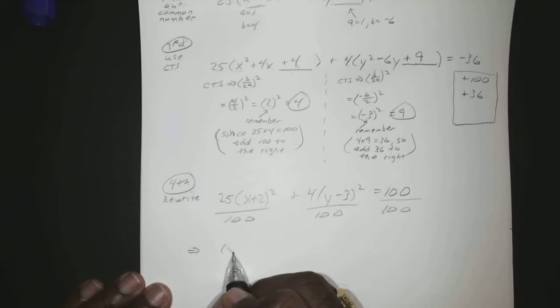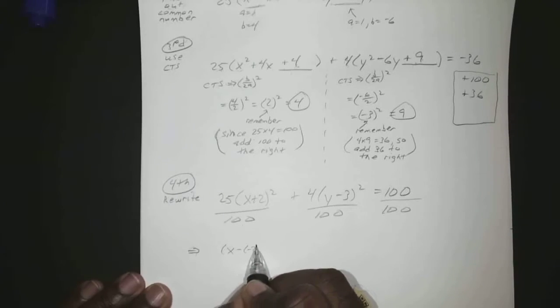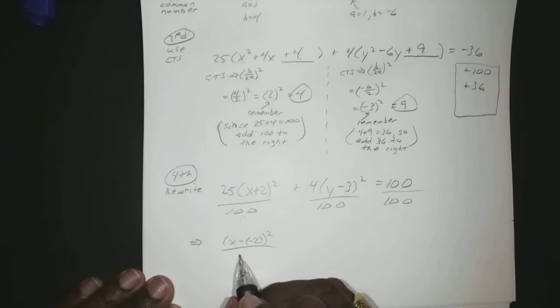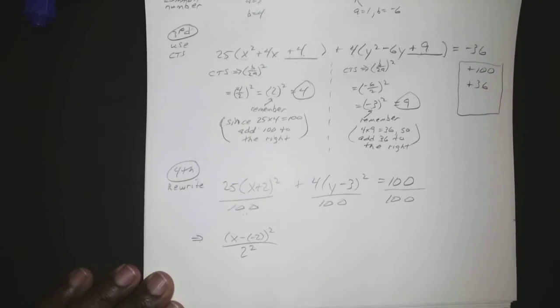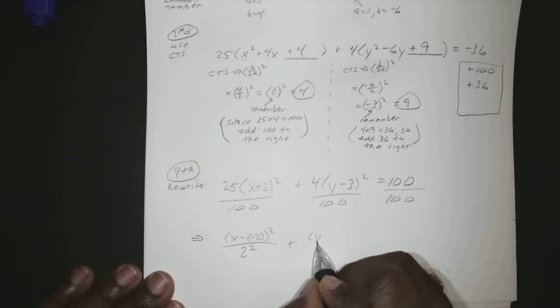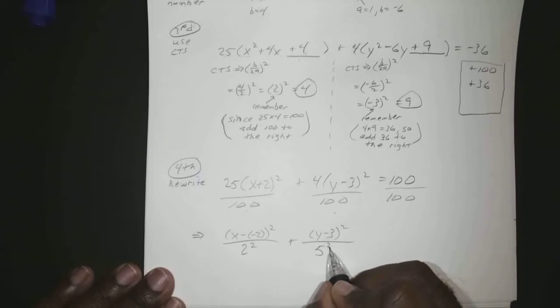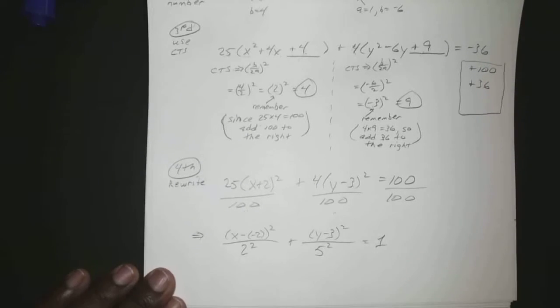So it's x minus negative 2 squared. And instead of over 4, we're going to make that 2 squared. Plus y minus 3 squared. 4 over 100 is 1 over 25. And we can make that 5 squared. Equals 1.